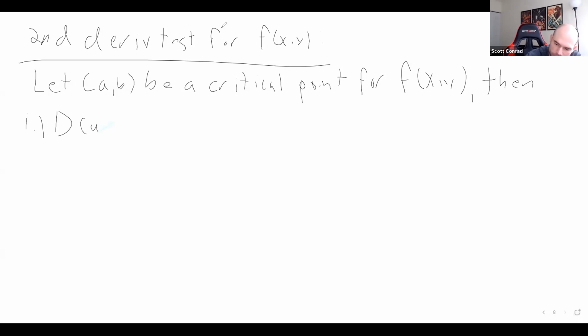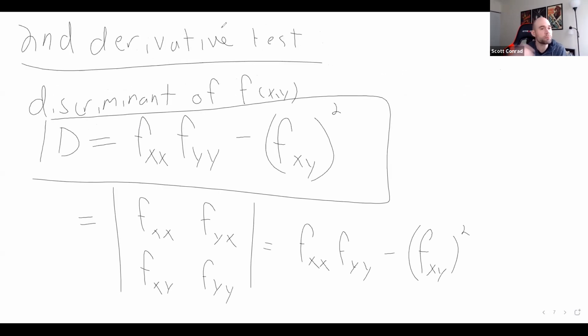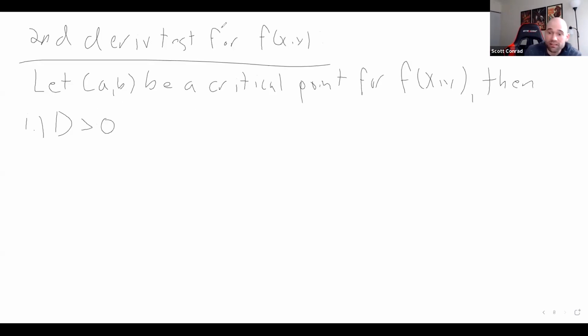So if the discriminant is positive, right? If we plug in a, b into our discriminant, fxx at a, b times fyy at a, b minus fxy at a, b squared, and that is positive, then it's either a local min or a local max. So then we need to check the second partial, f sub xx.